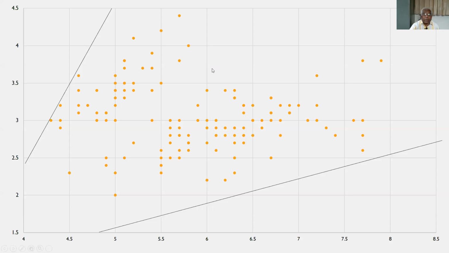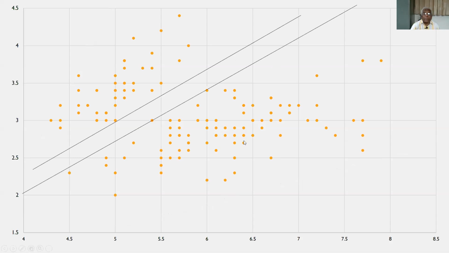So we want a separator in between. So let us see. You can have this kind. This is a separator. This is also a separator. If you see, this separator makes the distinction between two kinds of objects. This separator also makes the distinction between two kinds of objects. But still, there are some demerits of this separator.